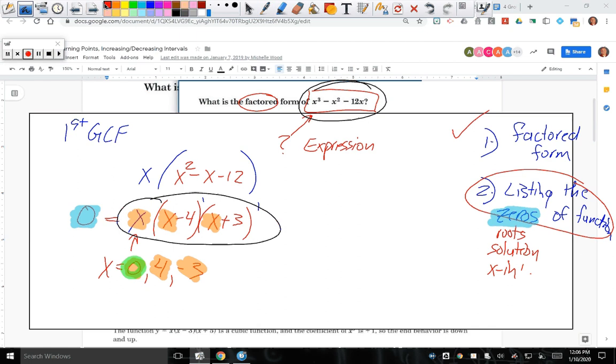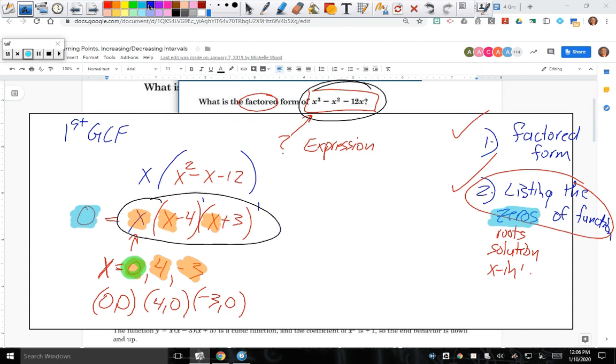Alright, so these are my list of x-intercepts. If you don't have x equals, I will count off. So please make sure you write x equals. If you choose to write them without it, you will still get credit, but I'm a little leery of you doing that.